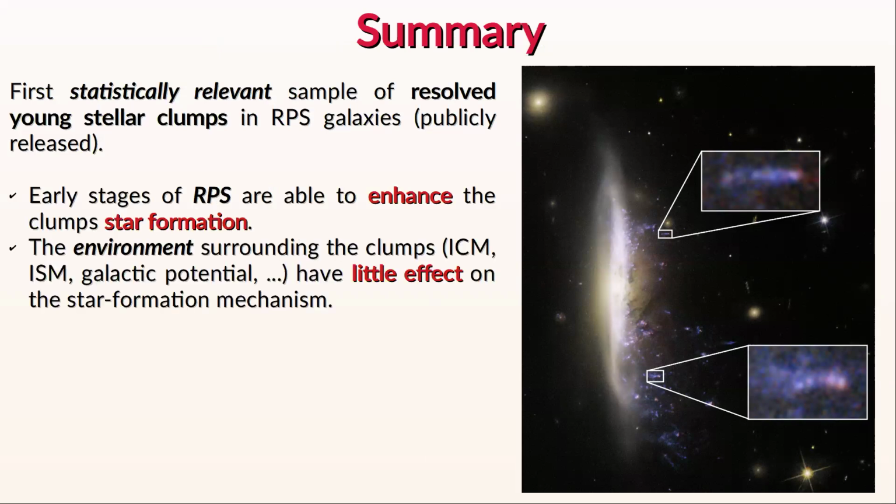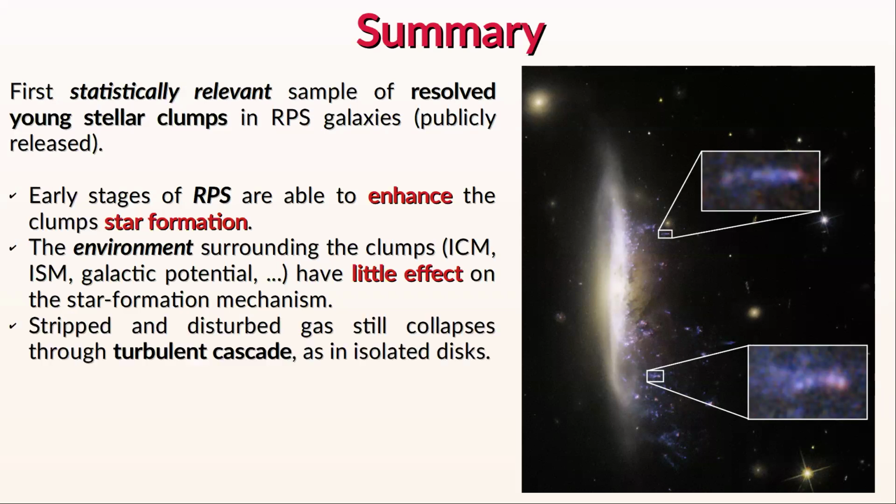The environment seems to have little effect, at least on the observables we have studied, because they are similar to the clumps in the disk, and they are also forming in the same way, through the turbulent cascade that we observe in isolated disks, but also in irregular galaxies and starburst galaxies.